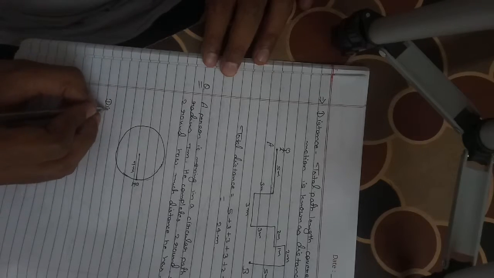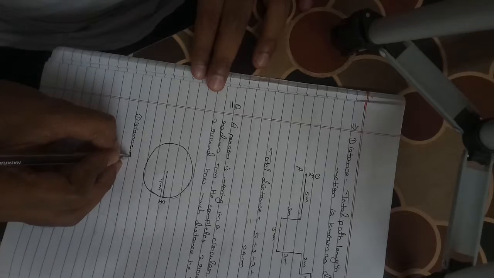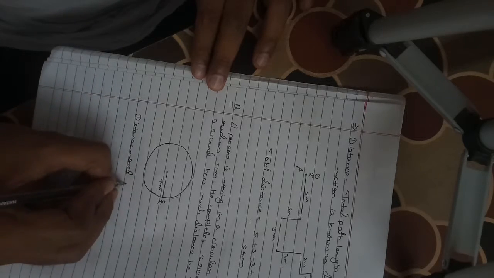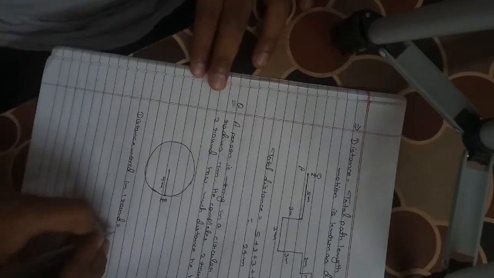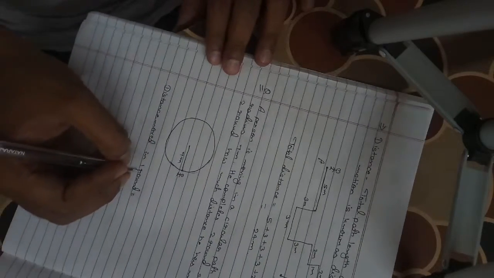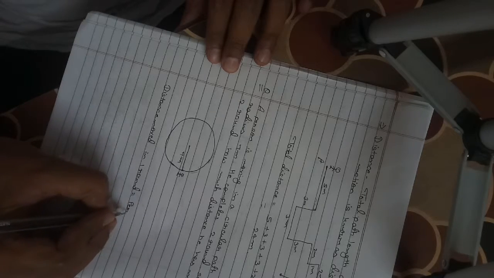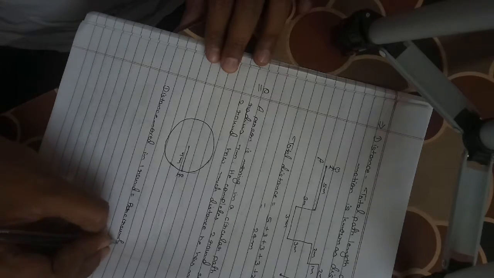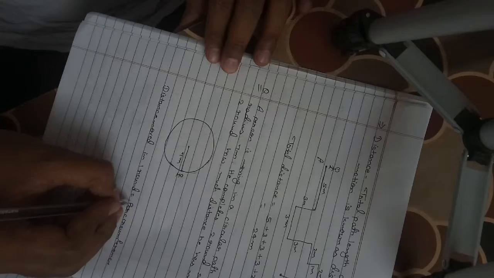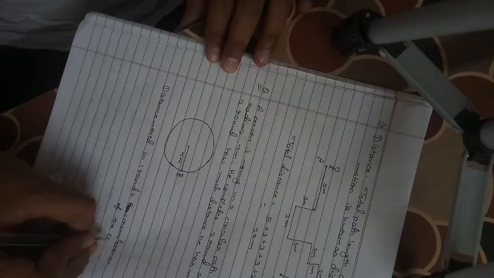So distance moved in 1 round is equal to the perimeter or circumference of the circular path.